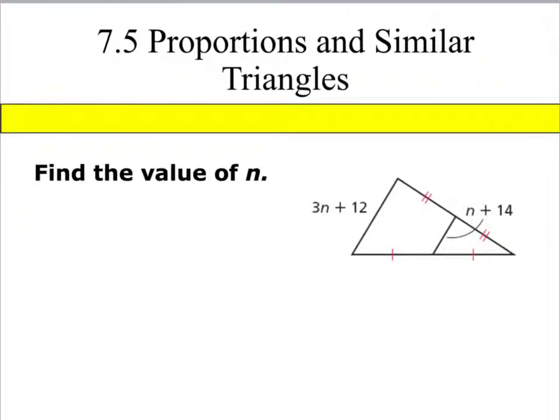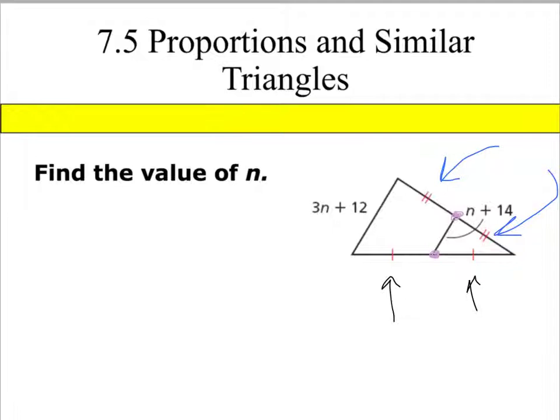So now it says find the value of n. What information do we know about this triangle that helps us figure this out? Well, we see right here the segments showing that these two sides are congruent and that these two sides are congruent, which means this point right here and this point right here have to be the midpoints of their given sides.